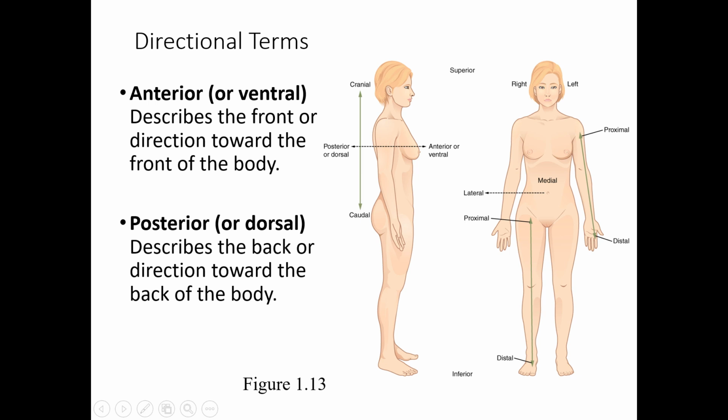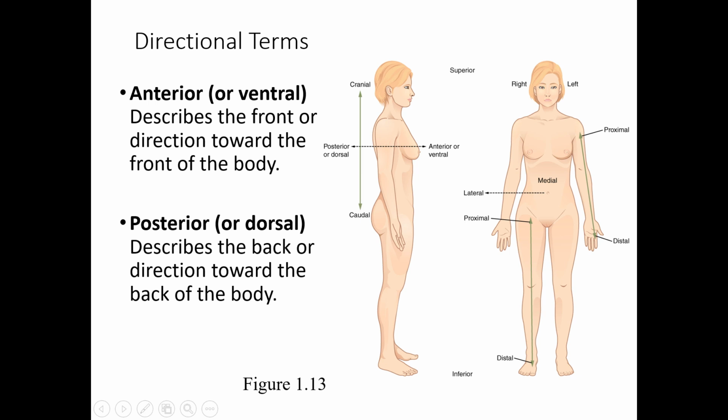Example. Let's talk about our ear, eye, and nose. Nose will be anterior to the eye. Nose also will be anterior to the ear, because the nose is the closest to the frontal surface of the body. Ear will be posterior to the nose.